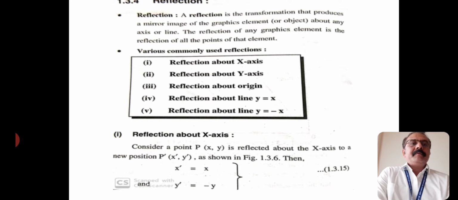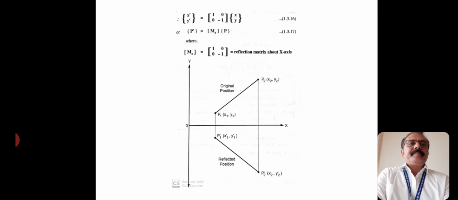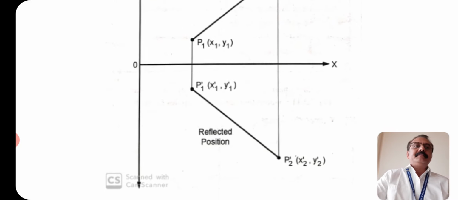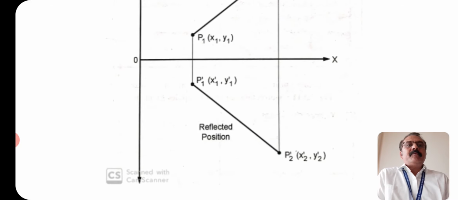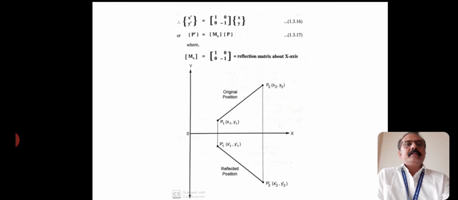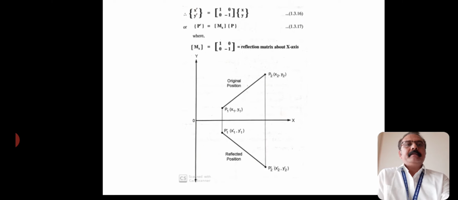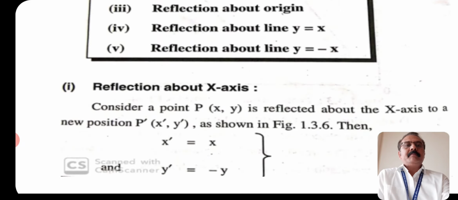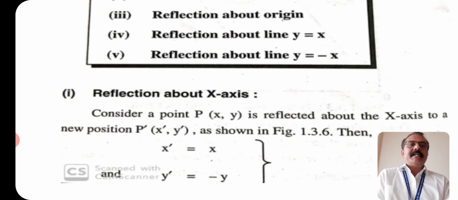Now from the figure, if we observe, x' is equal to x and y' is equal to minus y. See the previous slide. Here from the geometry, x' is equal to x and y' is equal to minus y.